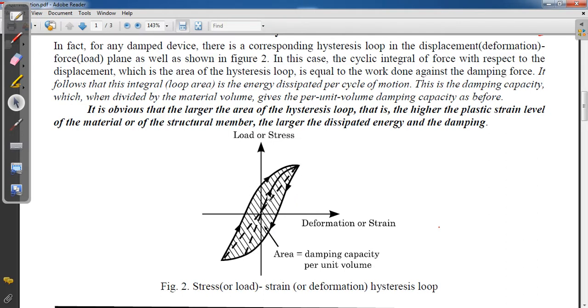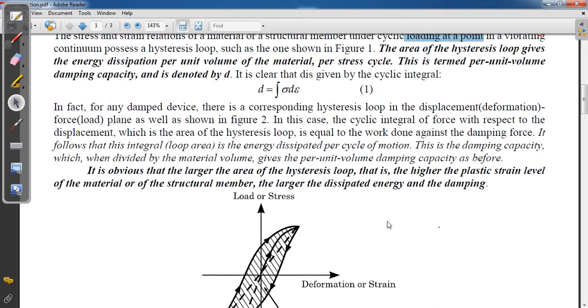So it is getting strain, then a cyclic loading is there. So this is a complete cycle, and the area under this curve will denote the damping capacity per unit volume. In this axis we get load or stress, in this axis deformation or strain.